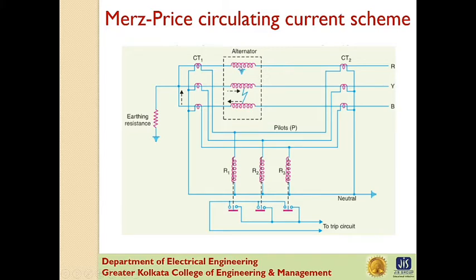Now the current in the affected phase will flow through the core and frame of the machine to earth, the circuit being completed through the neutral earthing resistance. The currents in the secondaries of the two CTs of phase R are not equal. Current in these CTs is not equal to current in these CTs.